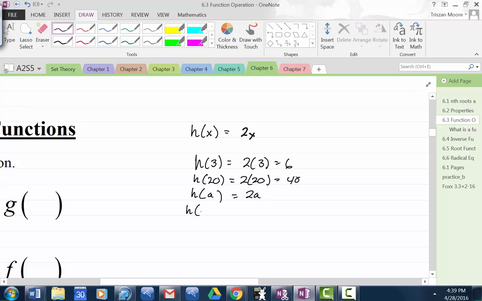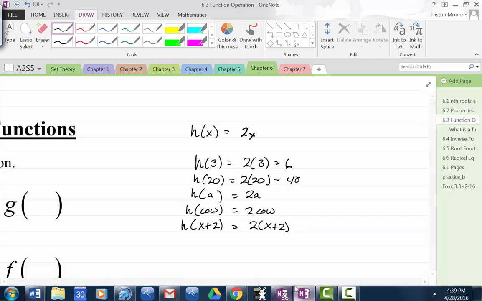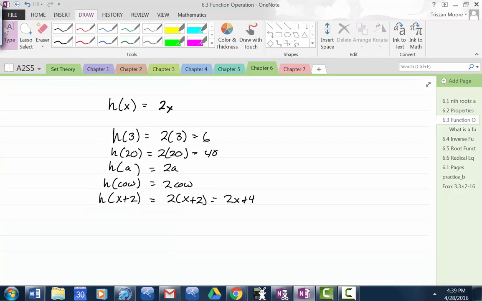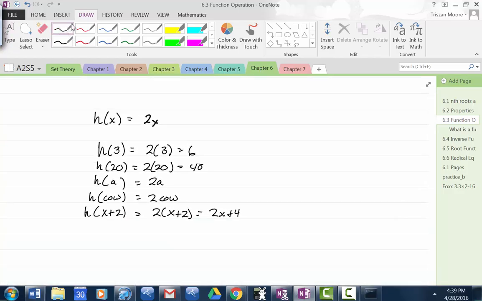Say if I did h of the word cow, that would just be 2 cow. So ultimately, say if I did h of, I don't know, x plus 2, it's the same thing as 2 times x plus 2, which is, as we recall, 2x plus 4, right?